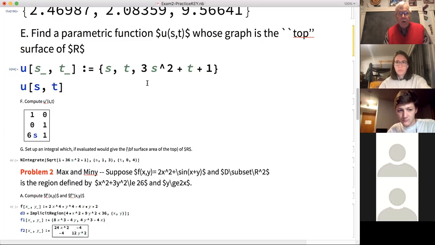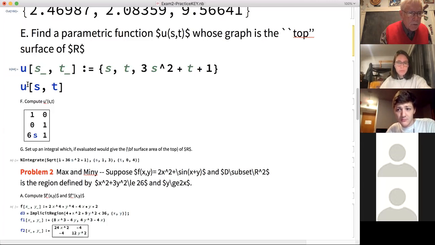So this is a very good thing for integration. And this is the 3x squared plus y plus 1 with the s and the t plugged in. So this is the so-called graph parameterization. And for us, we're interested in s's and t's in that rectangular base that I labeled D1 earlier.